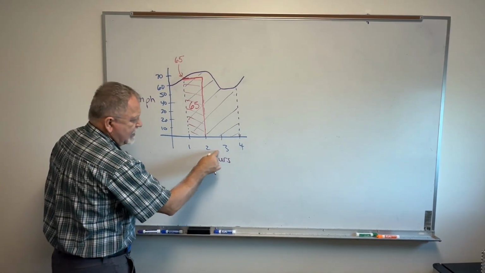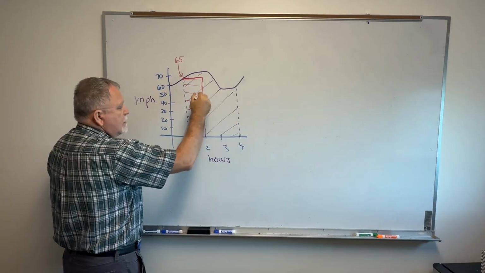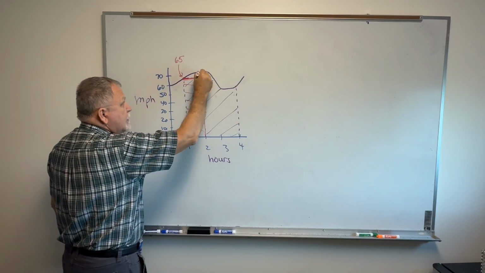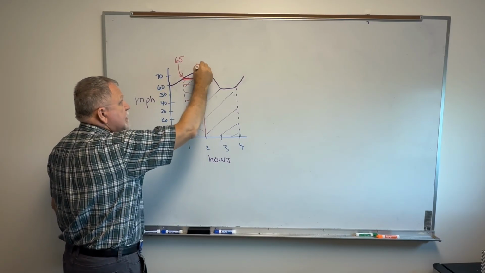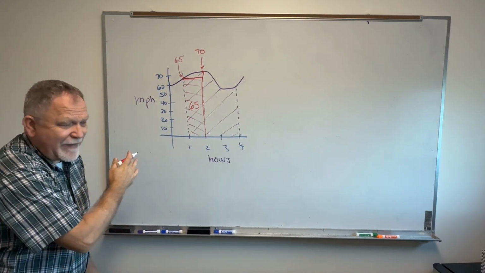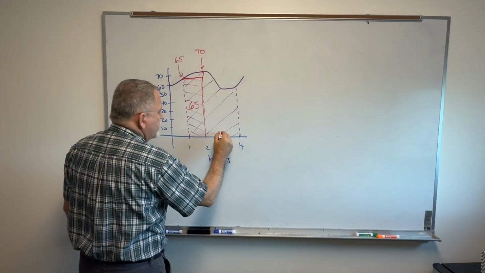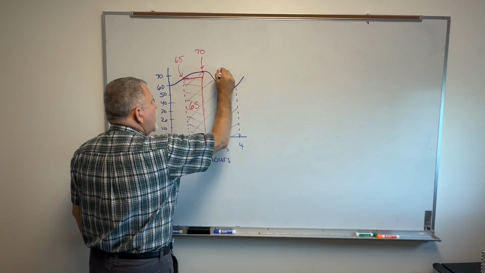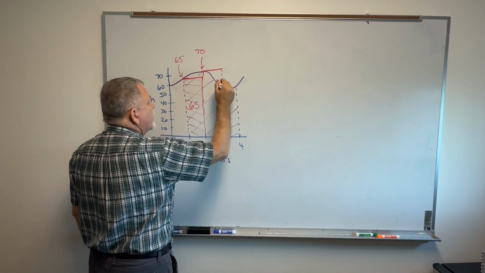Next, we go to this second hour from 2 to 3. I'll go up to the graph again, and let's just say that this point right there is 70. And I'm going to assume I'm going to travel at that 70 miles an hour for a full hour. So there's my hour, and then I go over here.